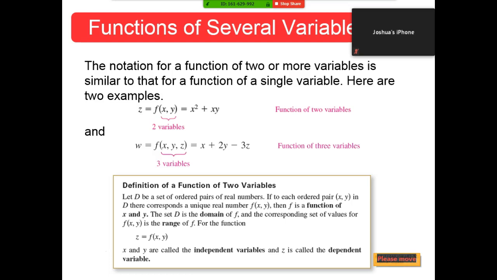Now, at least this one, I can make some kind of a cursory attempt at graphing, because I can visualize three dimensions. I can't graph three dimensions, but I can visualize it. This one is four dimensions, three independent dimensions and a fourth dimension. I can't even come close to doing that.